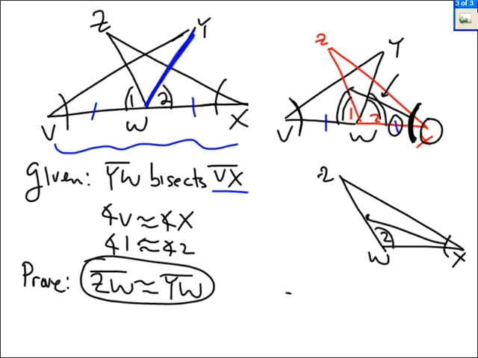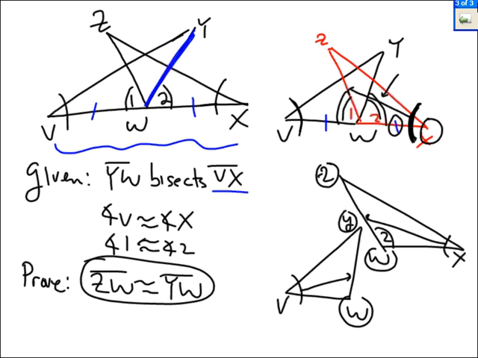Now, if you look at VWY, Y has 1 slash, and the side opposite is YW. So YW and ZW should correspond. In fact, they do.